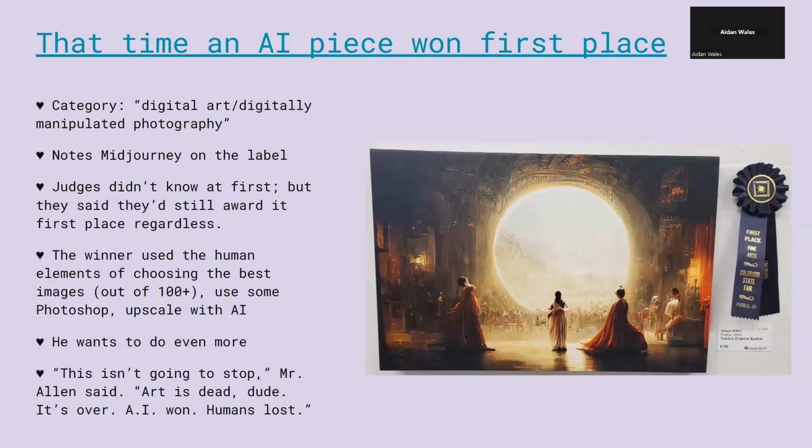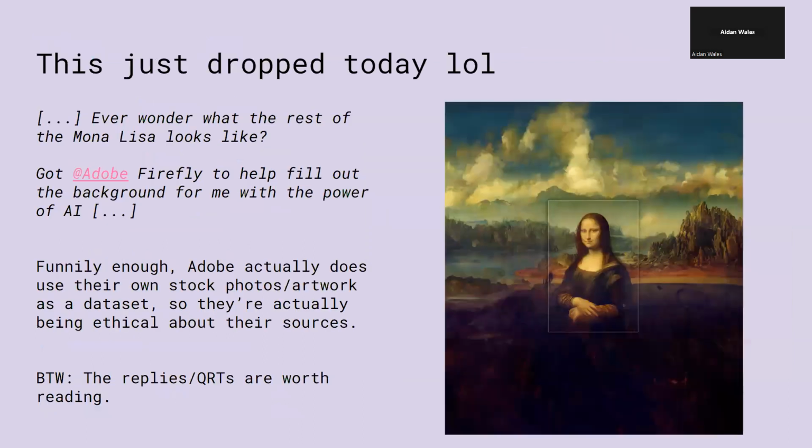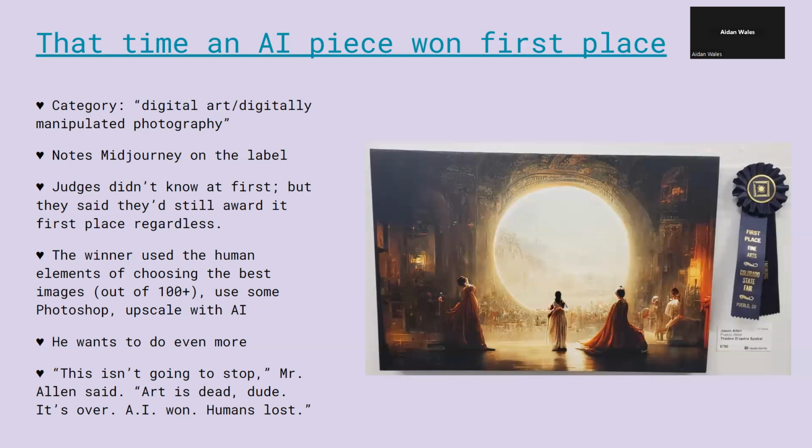So why wouldn't this count? There's a lot of weird existential questions of, is this art? Is he an artist? Is he a curator or a producer? A lot of debate went around this. I personally think there should be a different category for AI art. That's just my take on it.